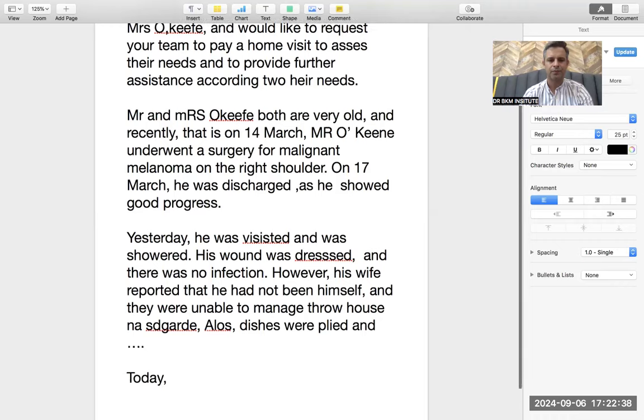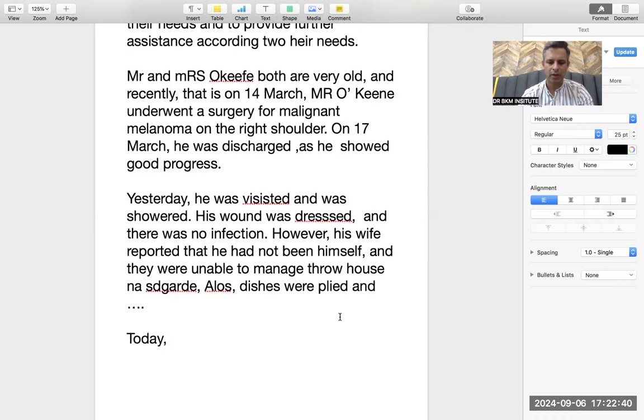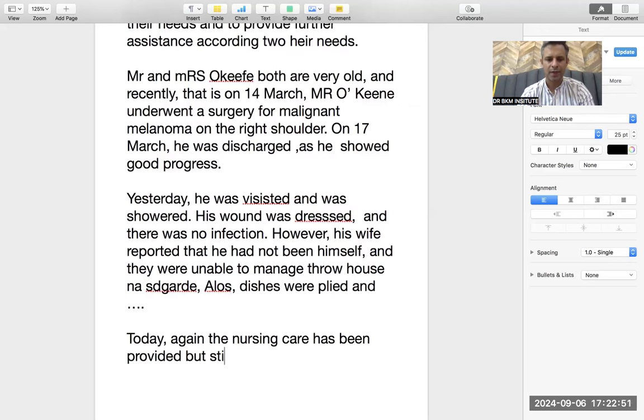Today, again, the nursing care has been provided, but still, this word, common words, but still the house condition is not good and they are finding it difficult to cope.